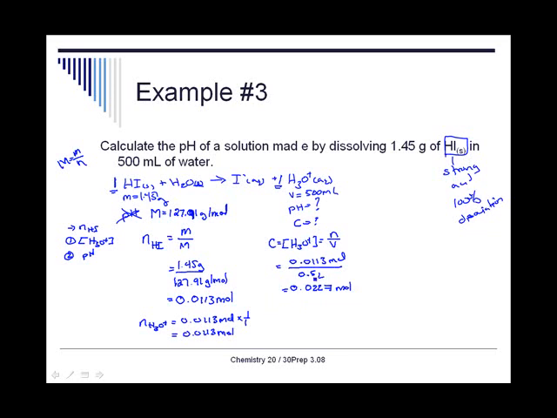And now that we have concentration, now we can find pH. pH is equal to the negative log of the concentration of H3O plus ions. And so I'll plug my numbers in up over here. So pH is equal to the negative log of 0.0227.